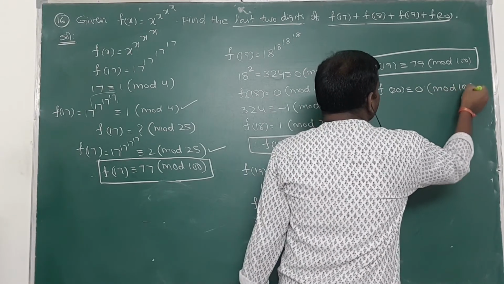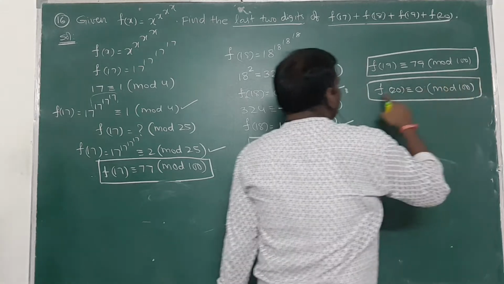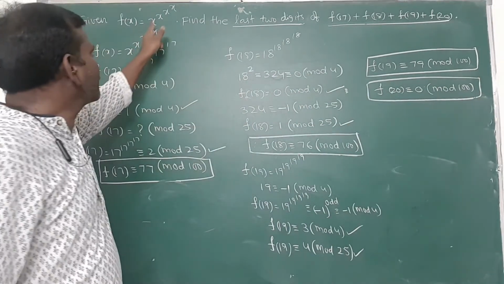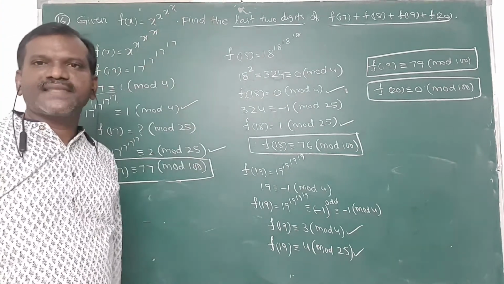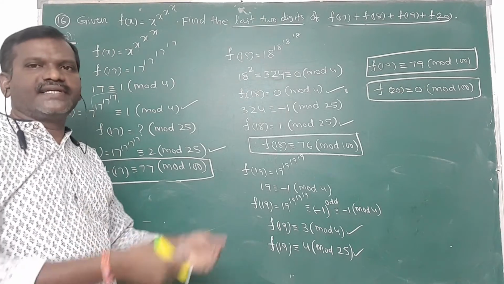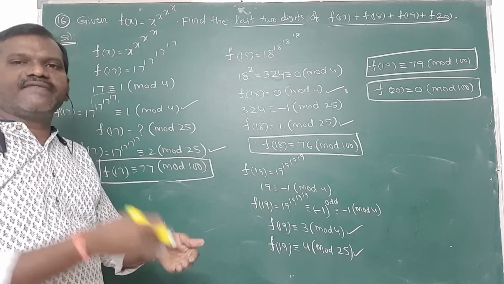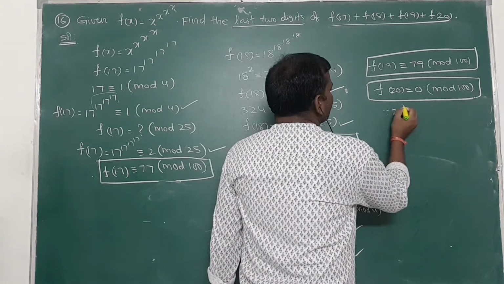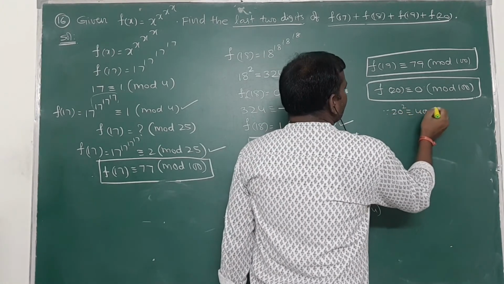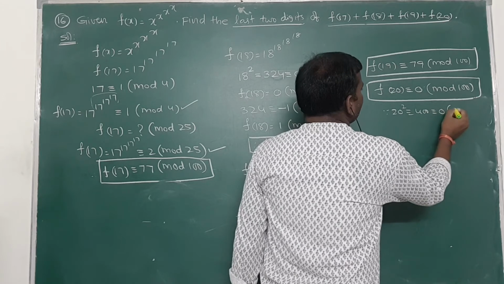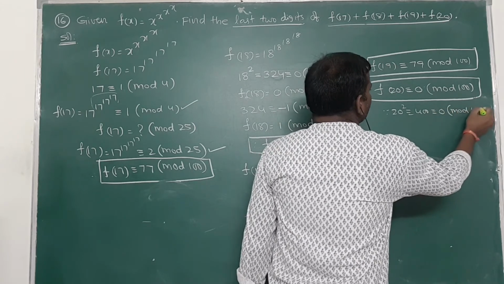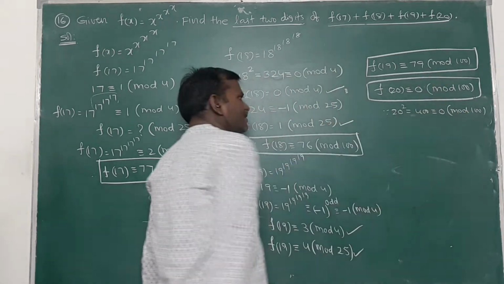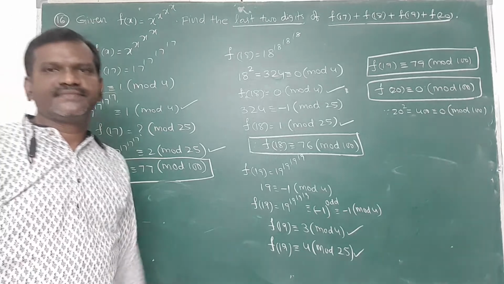Why? Because f of 20 is 20 power 20 power 20 power 20, so it contains 20 square, and 20 square is 400, which leaves a remainder of 0 when divided by 100. So directly I can write that this leaves remainder 0.